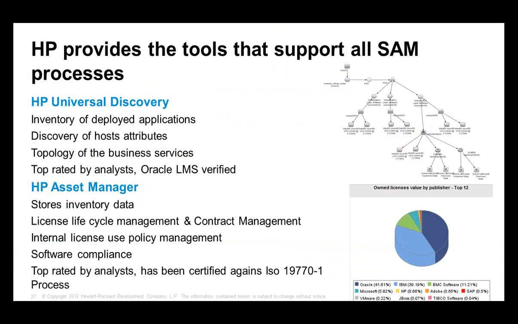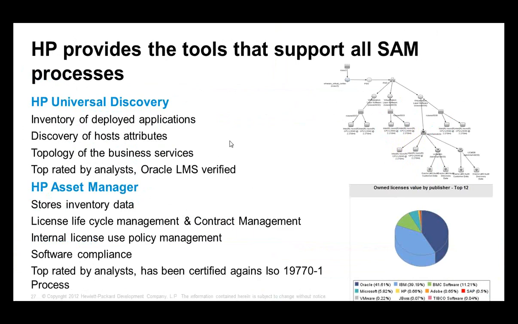UD is able to discover all the physical and virtual hosts, the links between the virtual host and the physical host, for instance, and also the links between applications within business services. So you really get with UD the big picture, which is a map, the topology of your infrastructure, and the very details of your deployments and your host attributes, which is the inventory piece.